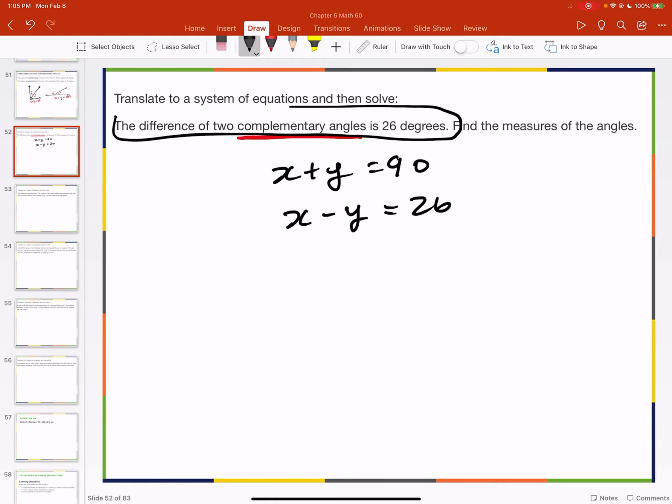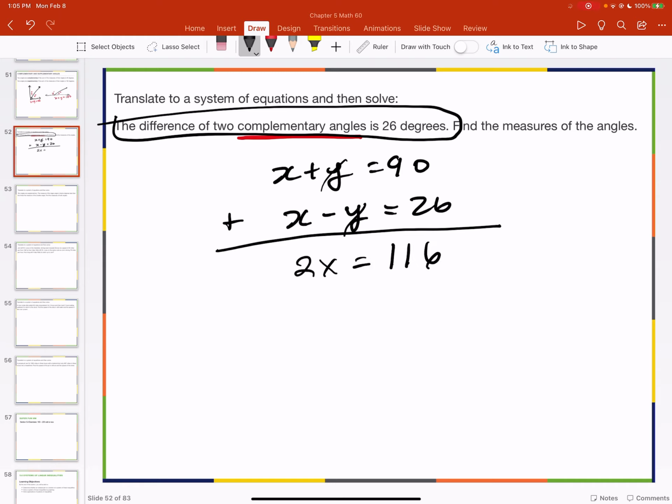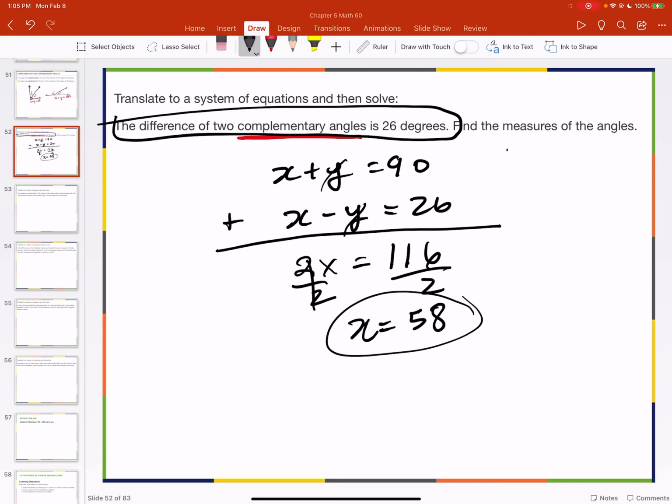In order to solve this, we could just use elimination. This cancels. 2x is equal to 116, divide by 2, x is equal to 58. That's one of them. What about y? 58 plus y is equal to 90, minus 58 from both sides, so y is equal to 32.